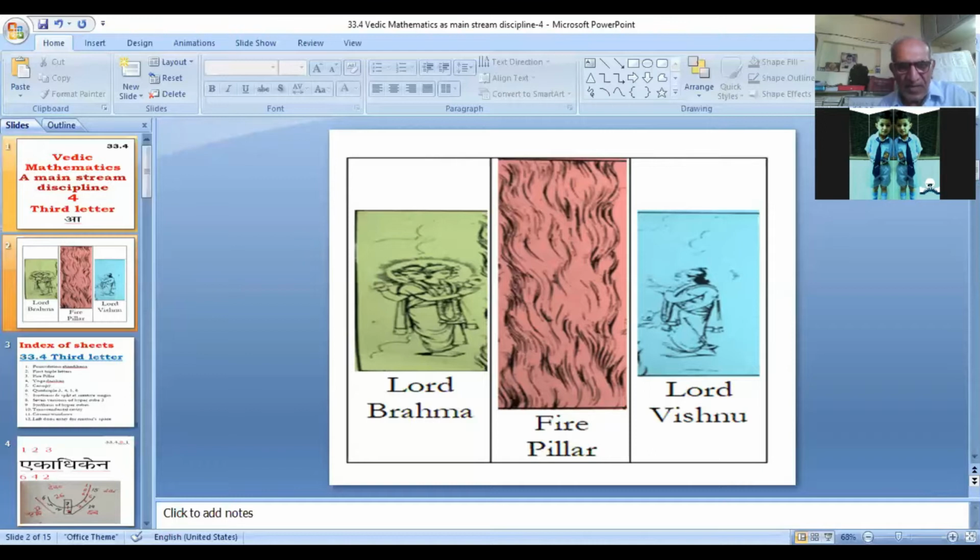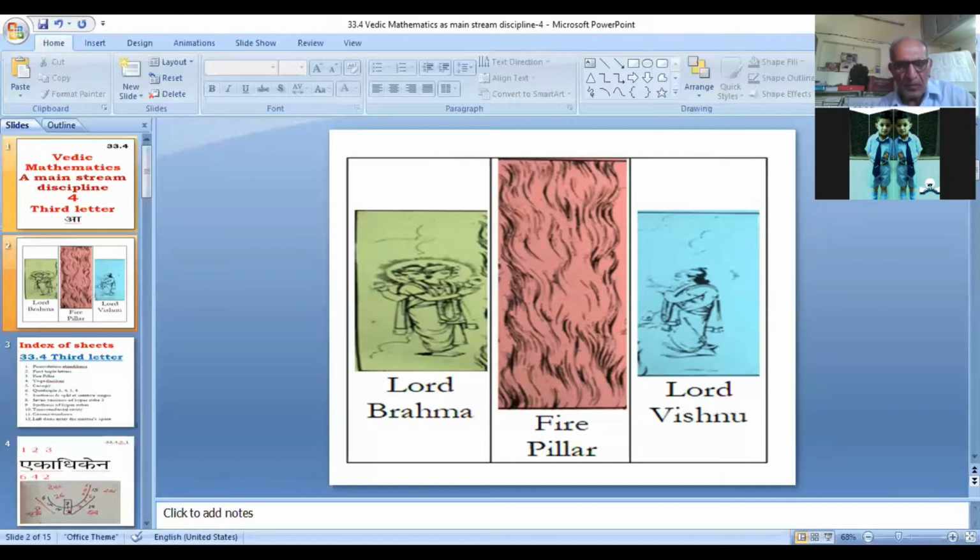The spatial order of the creator's space presided by Lord Brahma, and creative order, self-referral space presided by Lord Vishnu, are separated by the solid order, transcendental domain, 5 space presided by Lord Shiv.